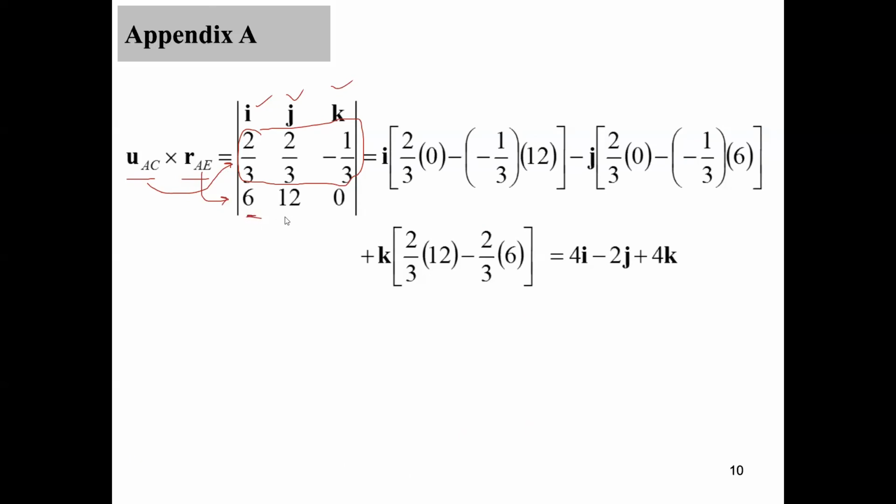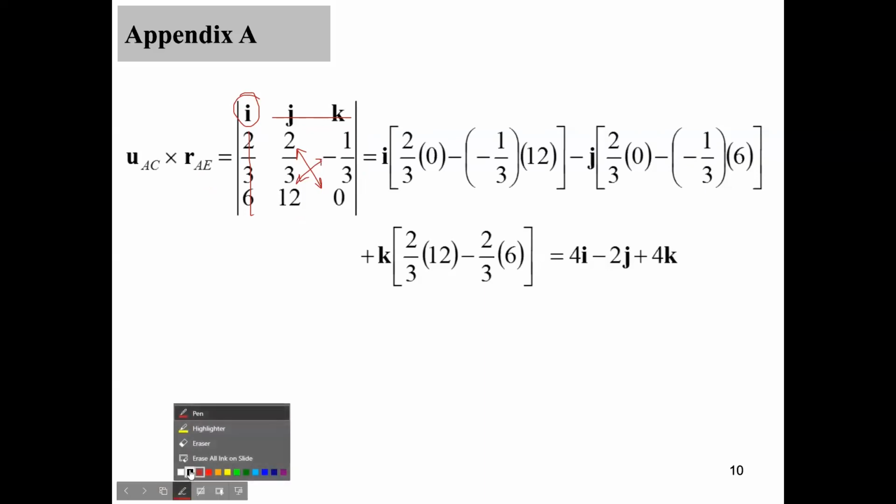We have 6 in I, 12 in J, and 0 in K. Hide all elements in row 1 and in column 1, except element 1. Then multiply I by 2/3 times 0 minus negative 1/3 times 12.